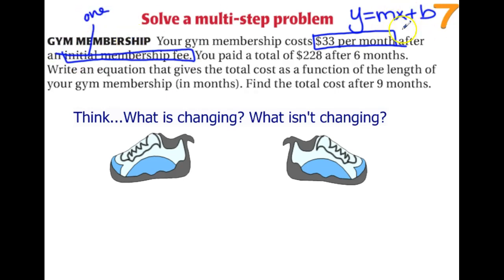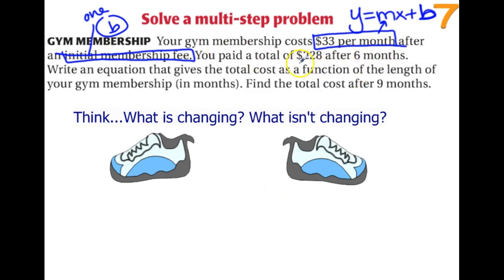So in our equation, the thing that you're beginning to pay one time is really going to be our b. What you're paying over and over and over again per month, that is going to be our m, or our slope, because we're repeating that cost times the number of months that we are at the gym.